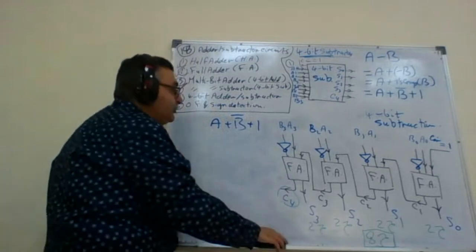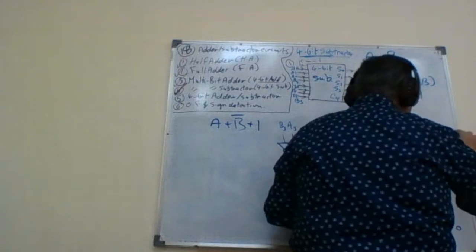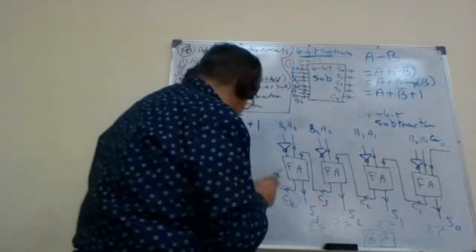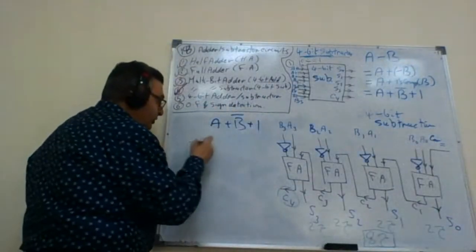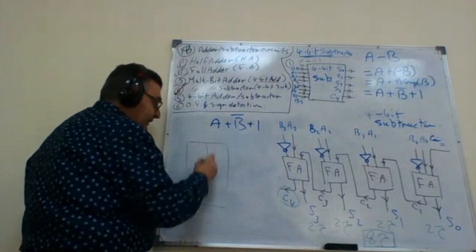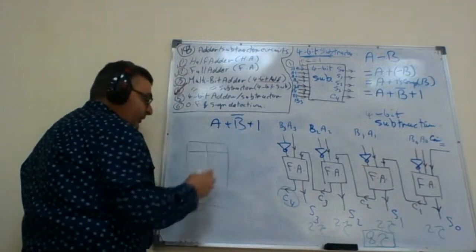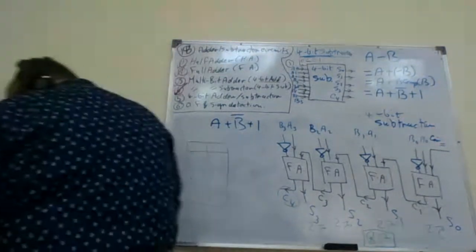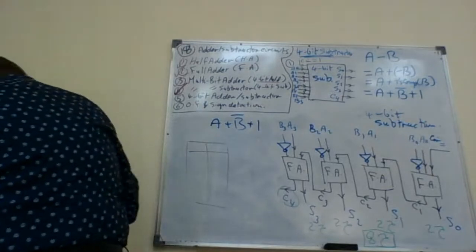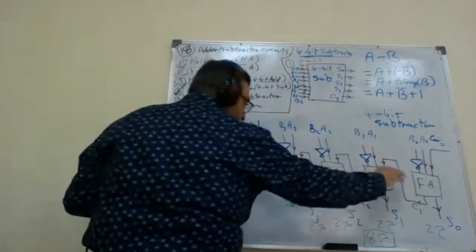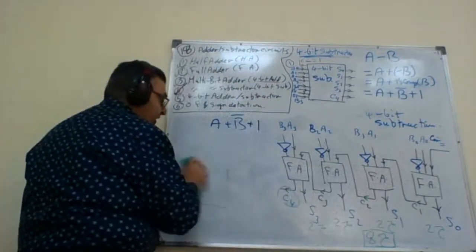This needs a little bit of thinking because it depends on the value of Cin. So the inputs for the full adders should be changed.